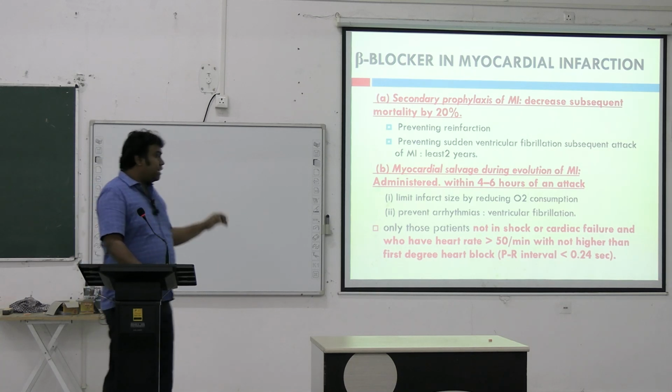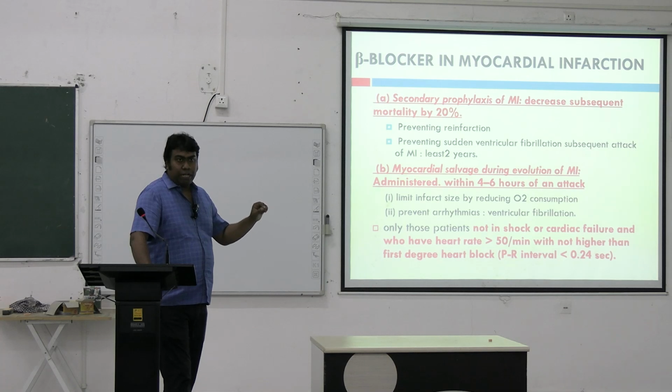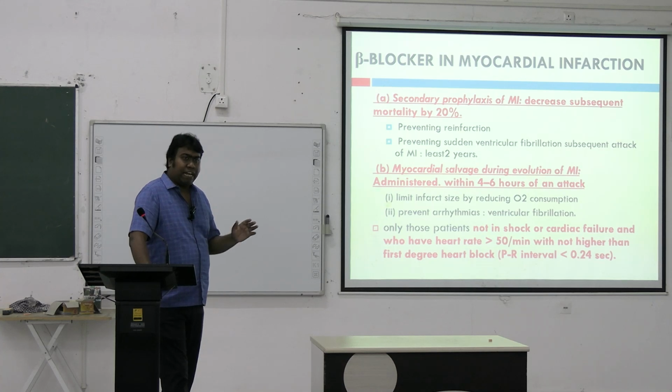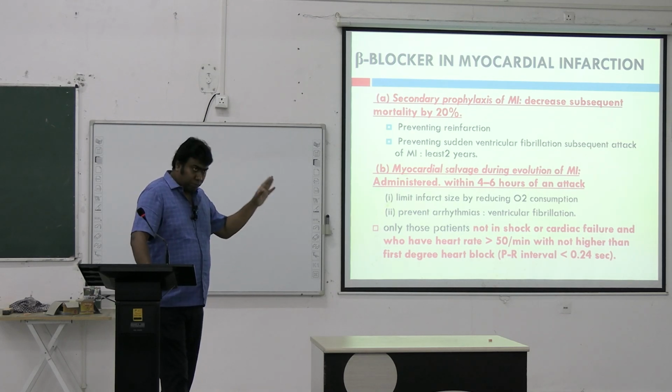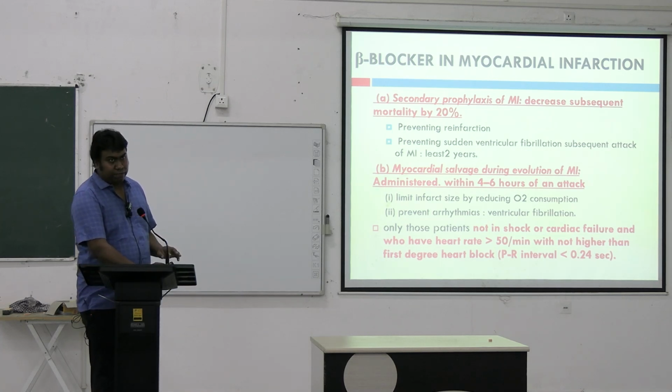That means PR interval less than 0.24 হলে সেটাকে ফার্স্ট ডিগ্রি হার্ট ব্লক বলে। Maximum first degree; if there is a second degree or third degree heart block, we cannot give beta blocker. The heart rate will be more than 50. Patient is not in shock, that means mean arterial blood pressure will be more than 70 to 80. Then we can give beta blocker in myocardial infarction.